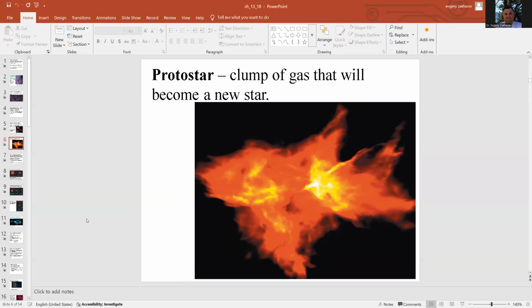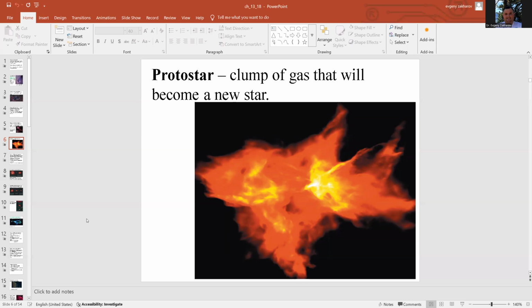So there are certain stages to go through. You have a cloud that contracts, and before you enter the main sequence, you have the stage that we call protostar. So it's like a prototype of a car. If you want to introduce a new car to the general public, you make a prototype, and then you get some feedback on the prototype, and you make some corrections, and then you put it into mass production.